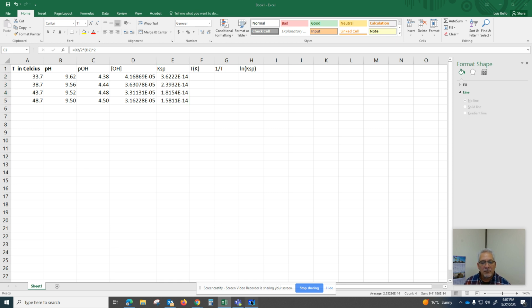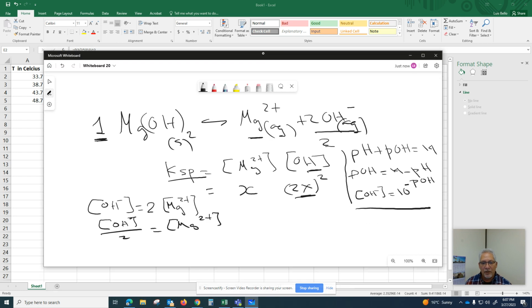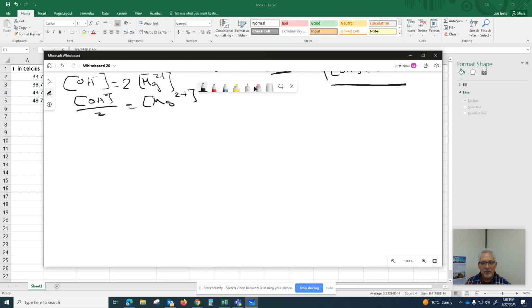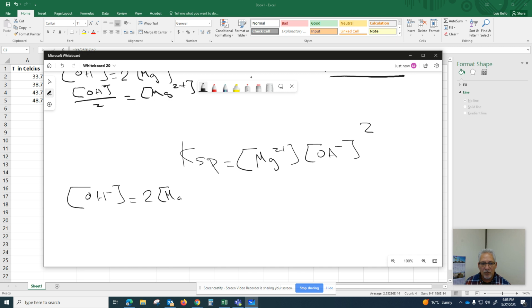And again, for those of you who didn't know how, the way I got this value is the following. KSP will be 1 times magnesium and OH to the power of 2. I already have the concentration of OH, which is 2 times the concentration of magnesium.